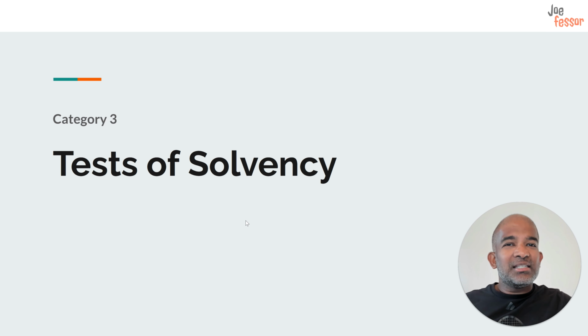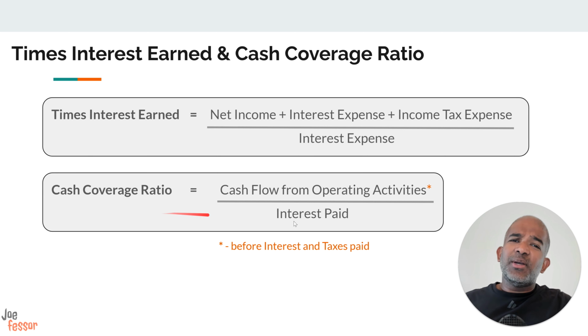These tests focus on the adequacy of a company's earnings and cash flows to cover fixed obligations like interest and principal repayment. We will look at 3 crucial ratios here: times interest earned, cash coverage, and debt to equity ratio.